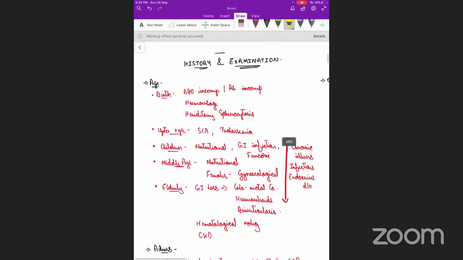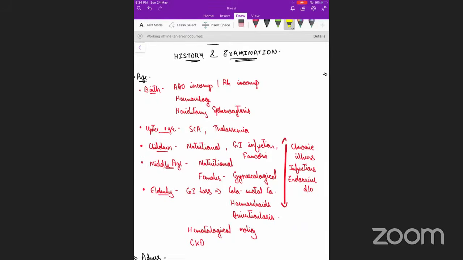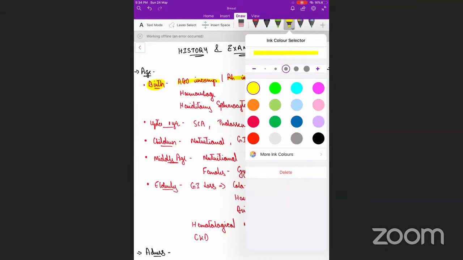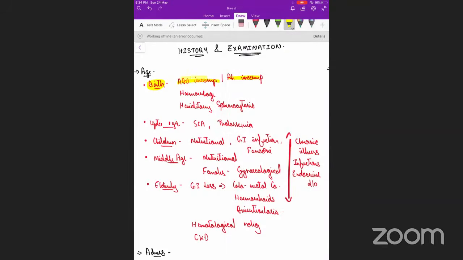So let's see how age affects it. At birth, it can be due to RH incompatibility or ABO incompatibility causing hemolytic disease of the newborn, or hemorrhagic disease of the newborn like vitamin K deficiency, or it can be due to hemorrhage like caput or cephalohematoma, which can again cause anemia by itself.